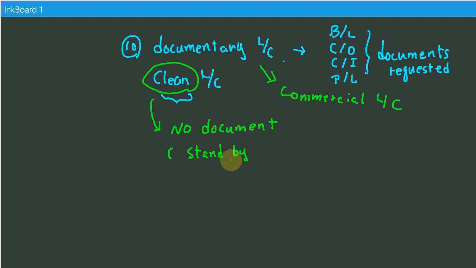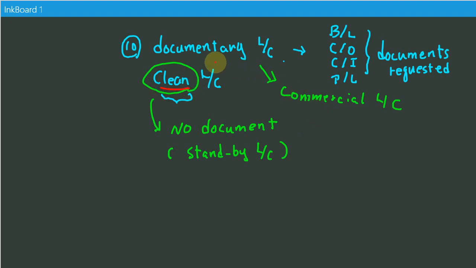Standby LC. This type of clean LC is used for guarantee or warranty, etc., not for commercial trading. This LC does not request any document. So we call this one clean LC.